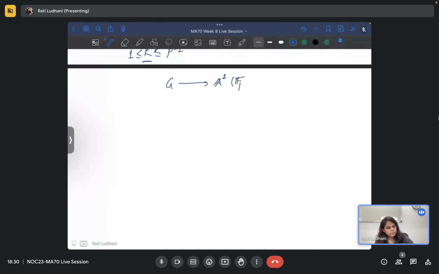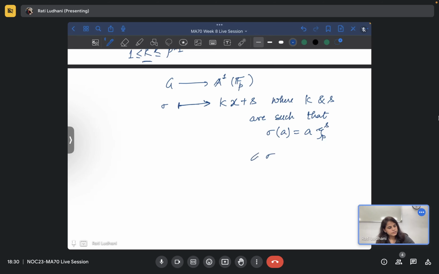So you pick sigma first, where sigma is mapping, and you write it to be kx plus s, where k and s are such that sigma of a is equal to a zeta p raised to power s, and sigma of zeta p is equal to zeta p raised to power k.